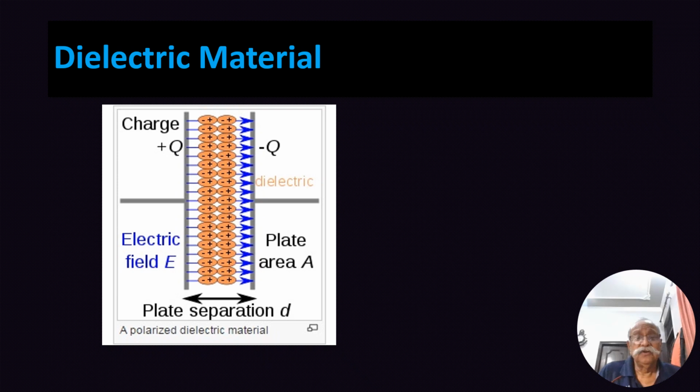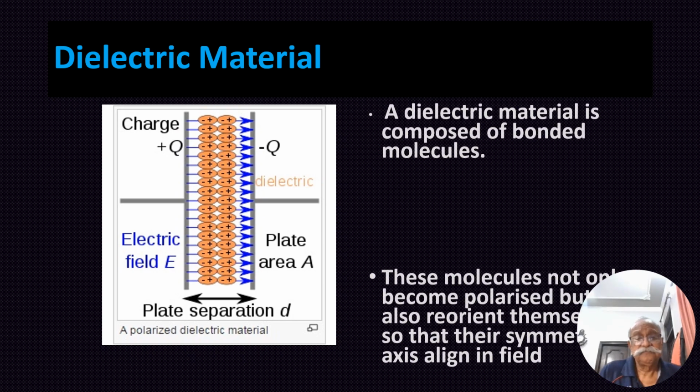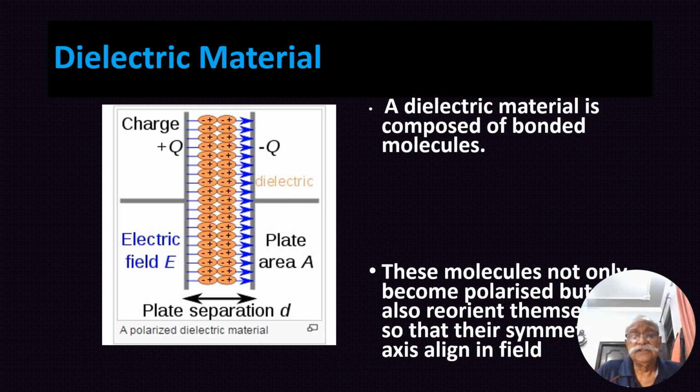Now, if you look into the dielectric material, there are two plates which are separated from each other by a dielectric material, and there is a flow of charge from one plate to another plate. A dielectric material is composed of bonded molecules.